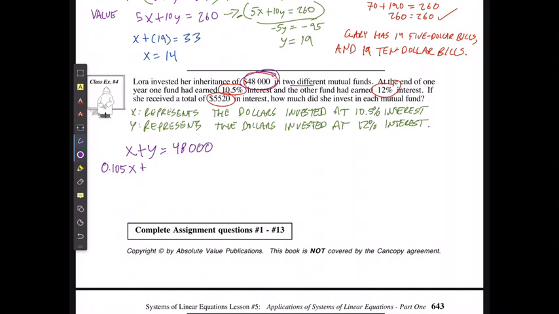Or 12% is the same as 12 over 100, or 0.12y. The amount of interest I earned in the first one plus the amount of interest I earned in the second one is going to give me my total amount of interest.